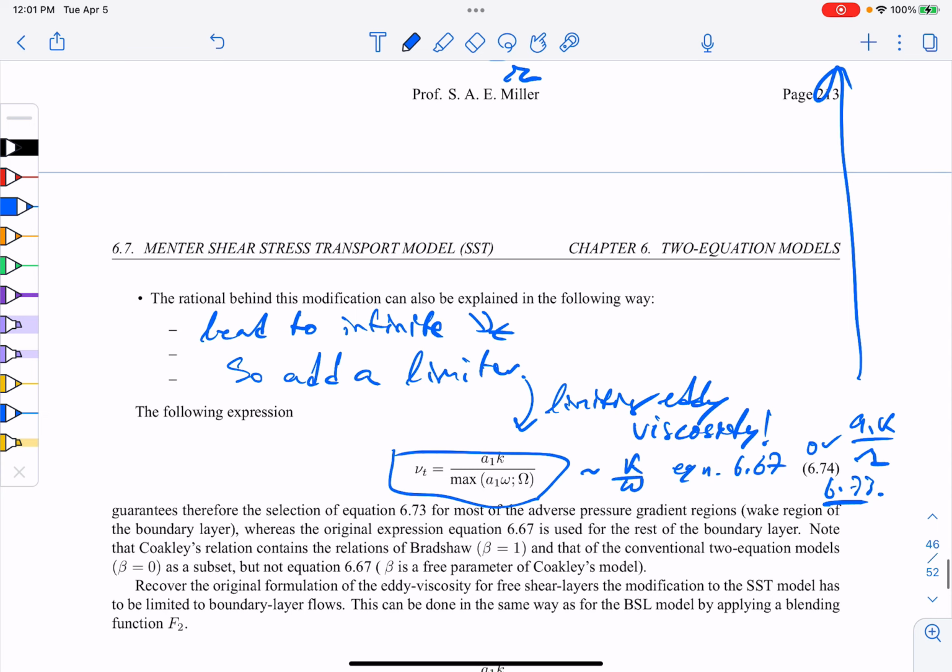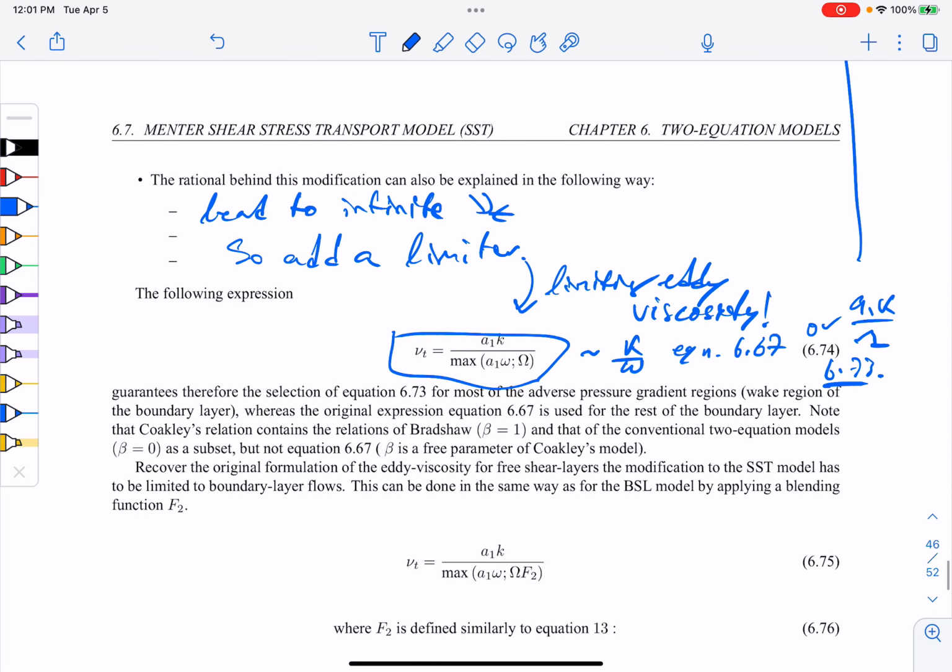And so this is really done for stability, and it's like a correction. Okay. But you still need to add in your blending functions. So I'll just write still need blending functions. And to blend this model, that was introduced by a new function F2.